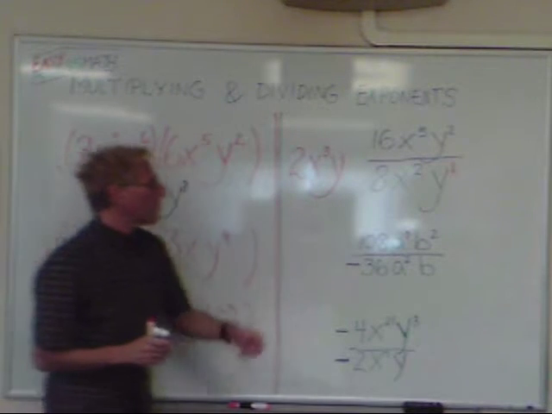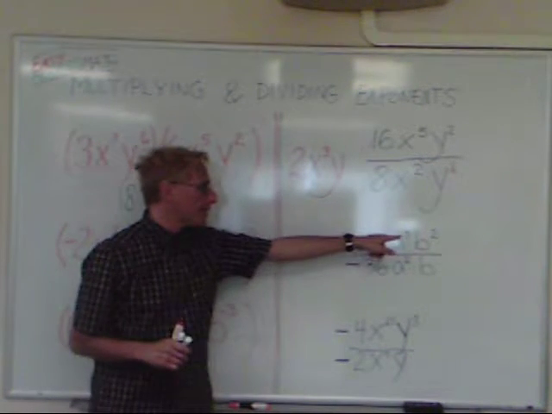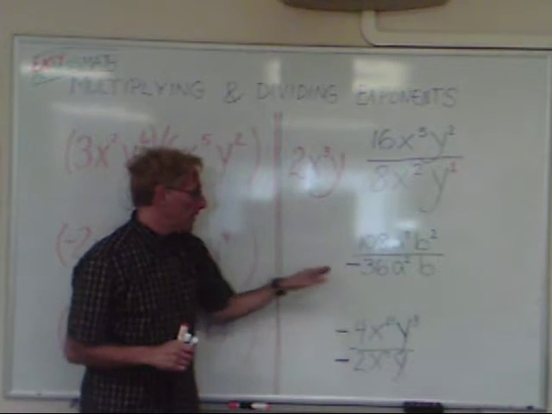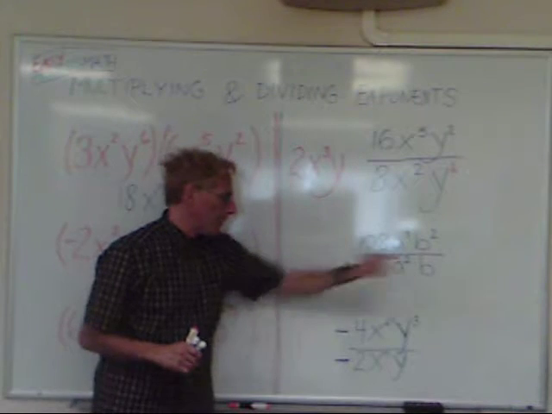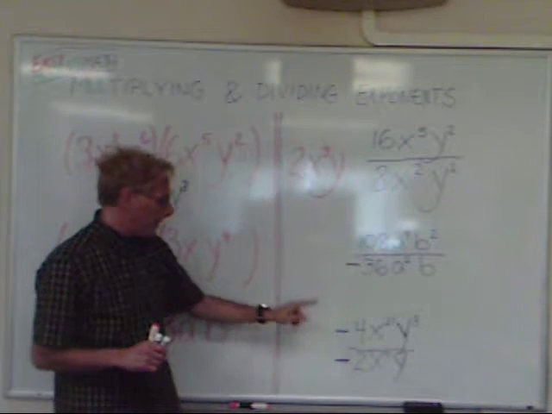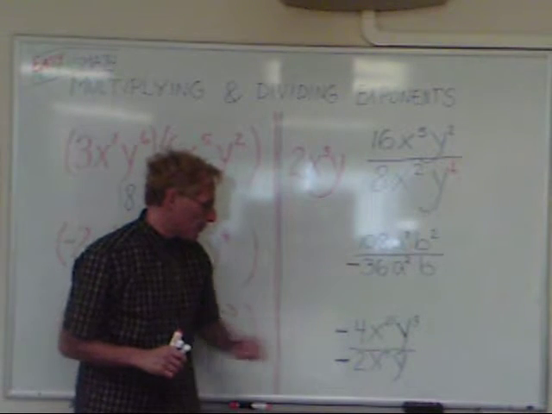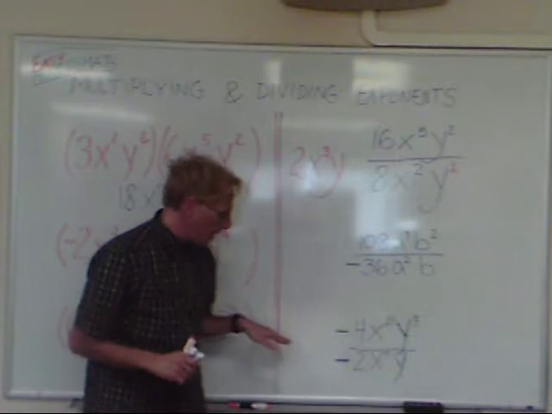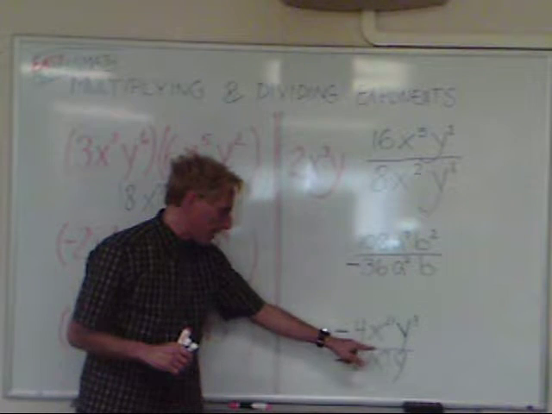And here on our division problem, 108 a to the 7th b squared divided by negative 36 a squared b, and negative 4x to the 21st power y to the 3rd over negative 2x to the 7th y.